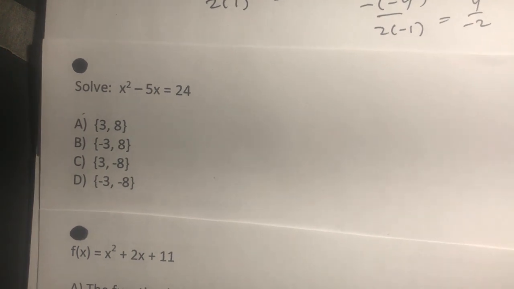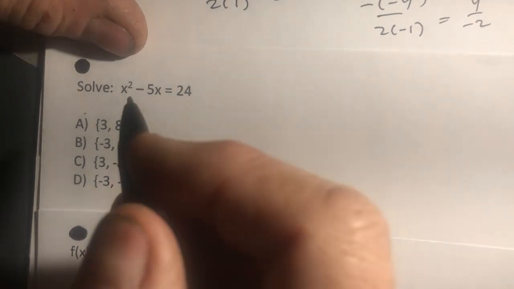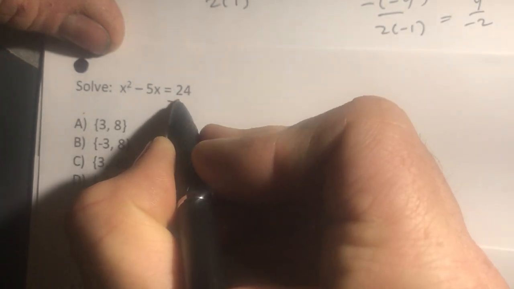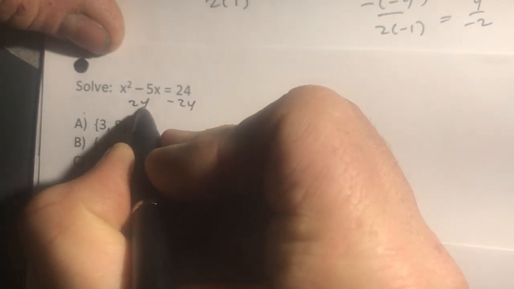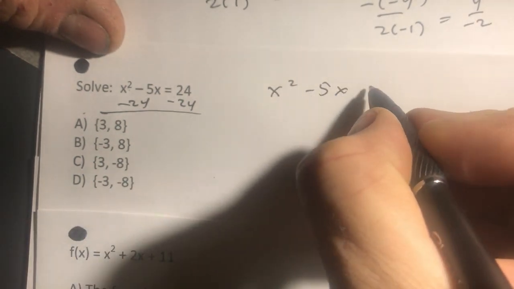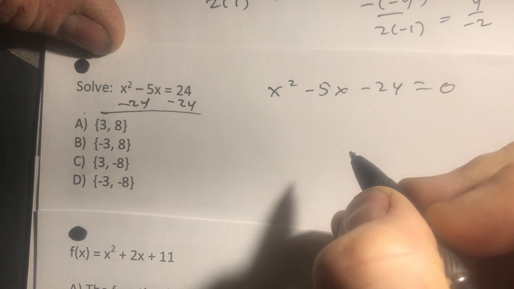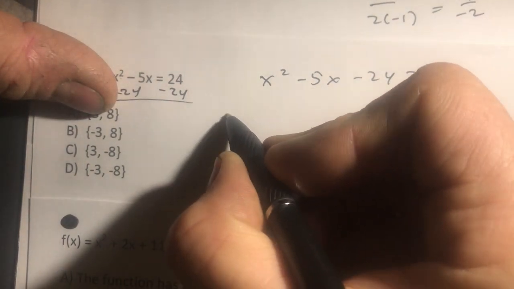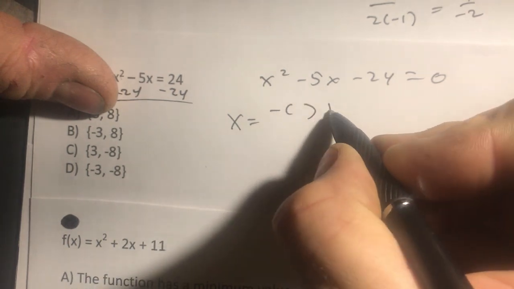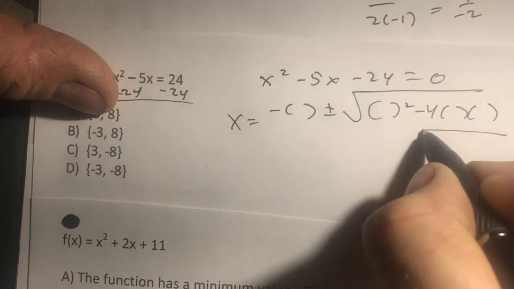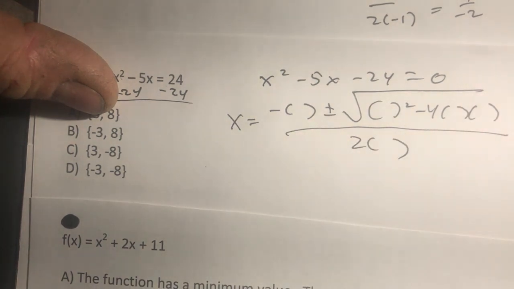Okay, on this one here, we're going to solve this. Now, one thing: when we solve this, when it's squared, it's got to equal 0. So I need to subtract 24 on both sides first, which means I'm going to have x squared minus 5x minus 24 equals 0. And now I can do the quadratic formula again. x equals negative b plus or minus the square root of b squared minus 4ac, all over 2a.